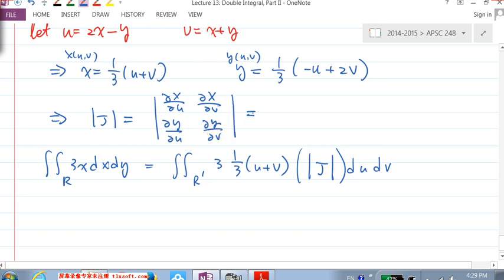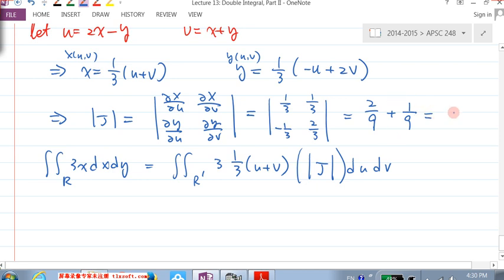Okay? A simple partial derivative, right? And the first row here is 1/3, 1/3, and here negative 1/3, here is 2/3, right? And what's the determinant? 1/3 times this is 2/9. Minus, so it becomes plus 1/9.